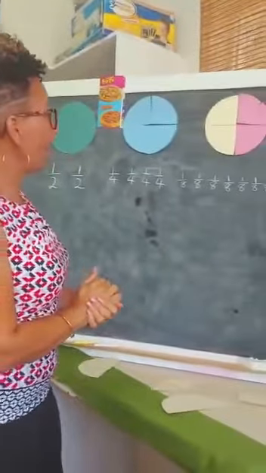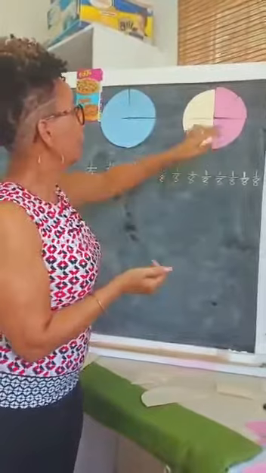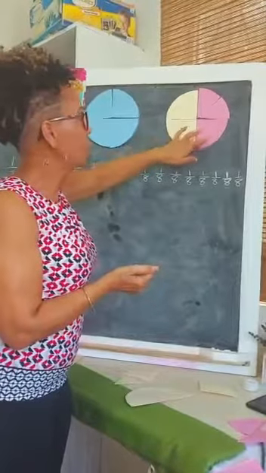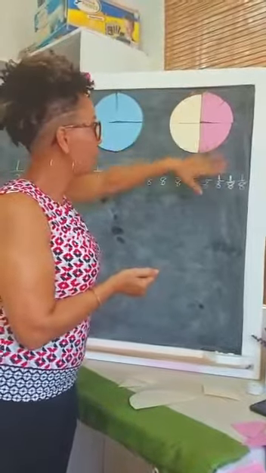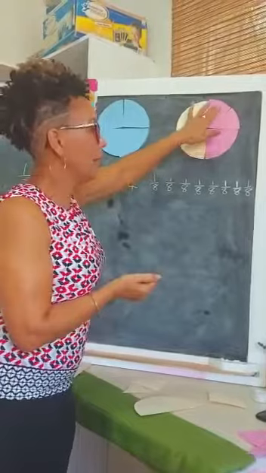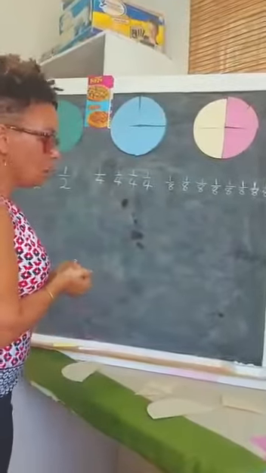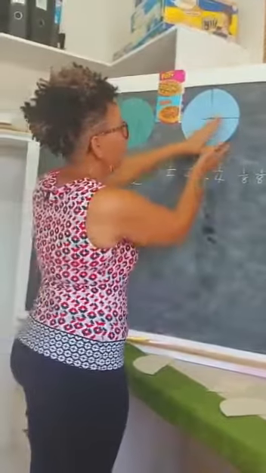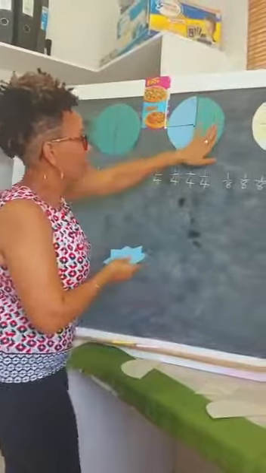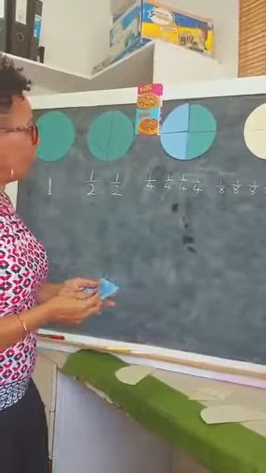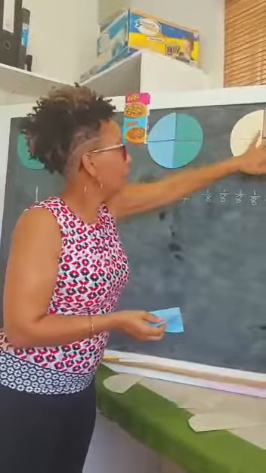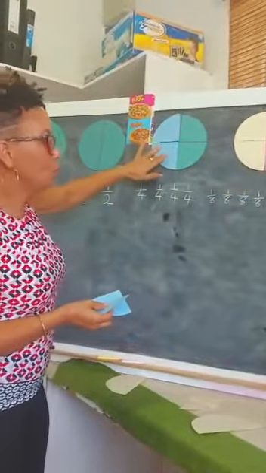Now if Sally eats 4 pieces of this pizza, remember this pizza is cut into 8 pieces. Sally eats 4 1/8. If we want to represent the fraction of the pizza eaten by Sally on this pizza, it would be the same as 2/4.